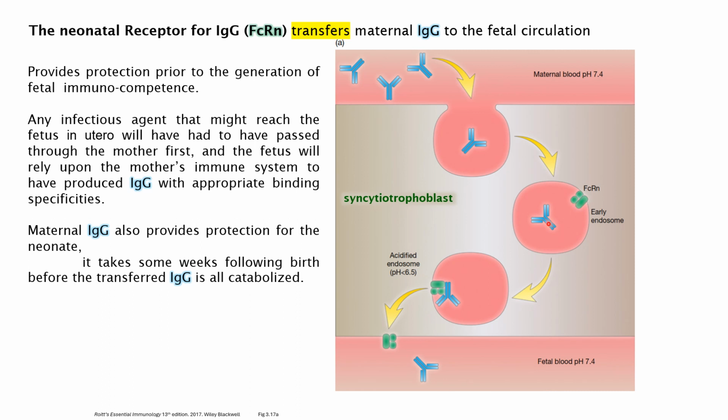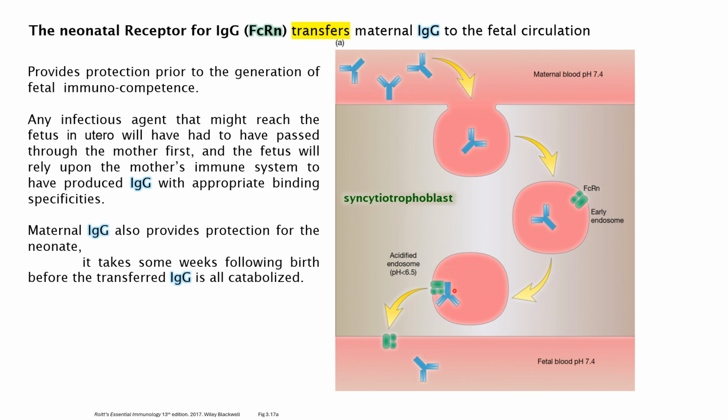As the early endosome develops, we reach the acidified stage, and this is just something that's part of the standard vesicular trafficking pathway, which is understood in cell biology. The pH drops below about 6.5, and at this pH, the receptor is able to bind to the Fc portion of IgG antibodies.